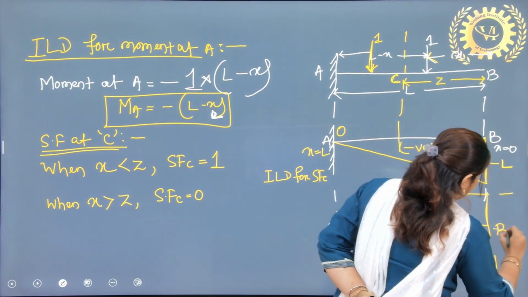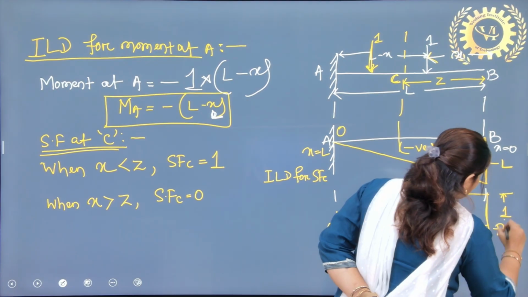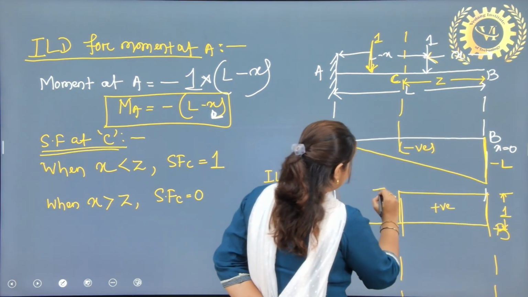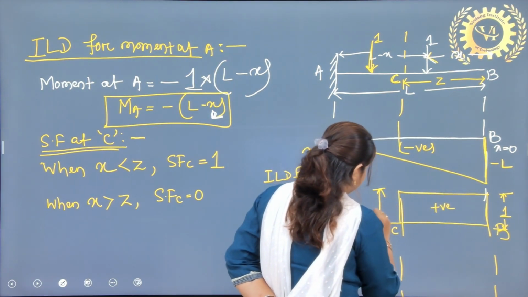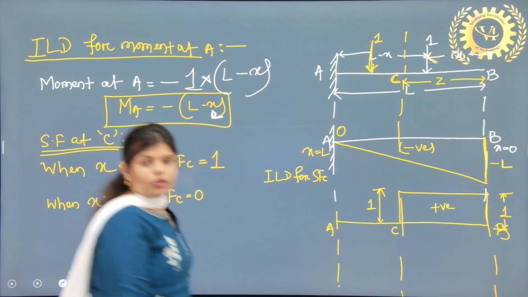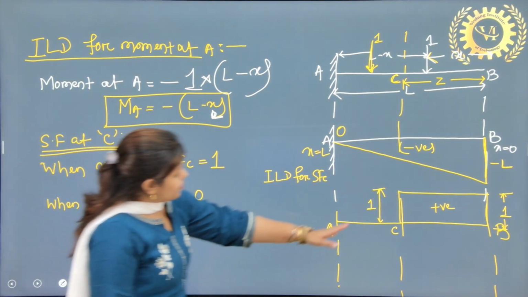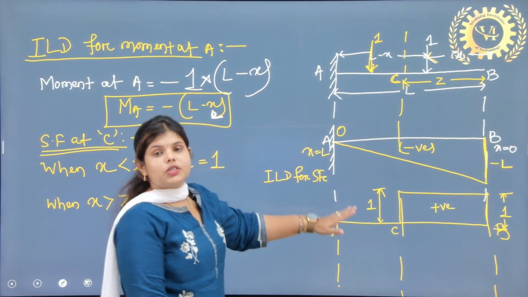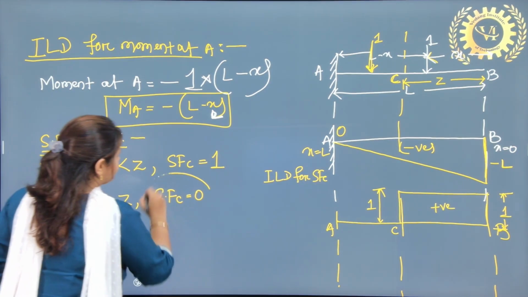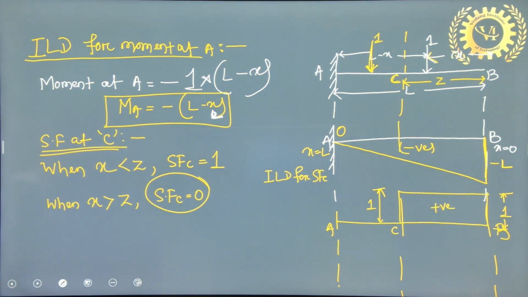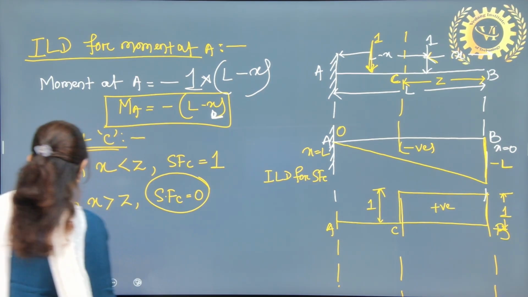This is your 1 up to point C. From C to A, the shear force will be 0. Okay.